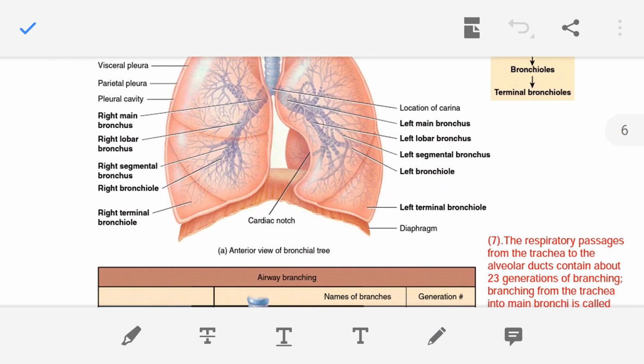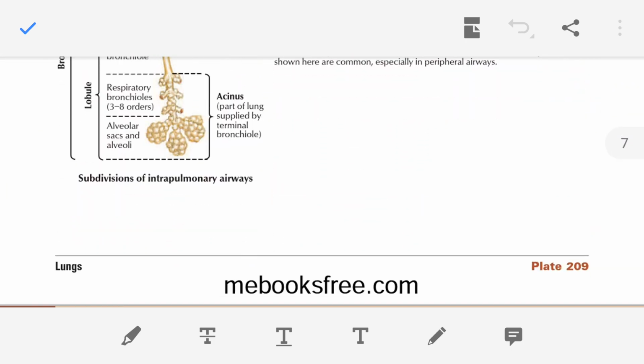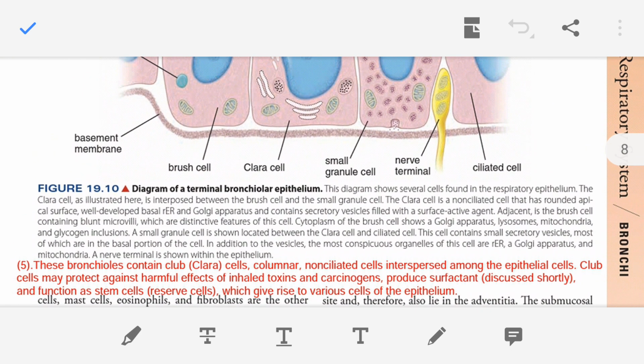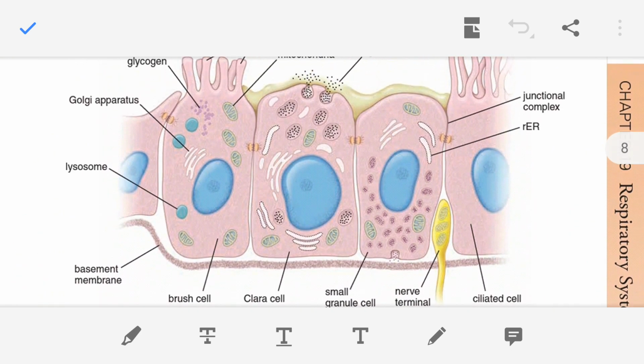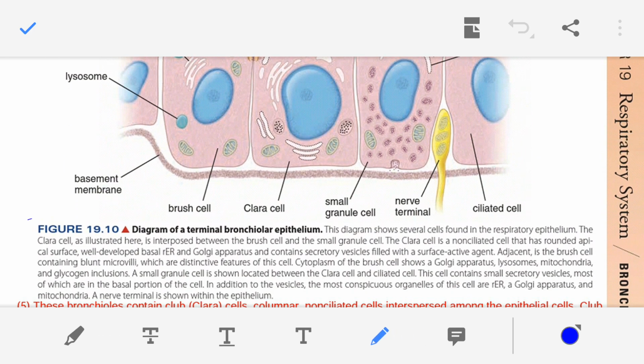So now moving on to the fifth point. Here one diagram is there. Now you read the title of the diagram. What is this figure? Diagram of a terminal bronchiolar epithelium. Terminal bronchiole, very tiny one.